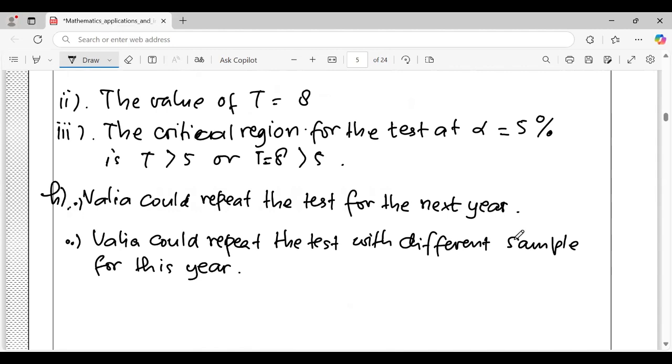If she repeats the test with a different sample, she can do the test on this year. So that's the difference. For the next year, with the same sample, better if I write here: same sample. And if this year, she has to find a different sample.